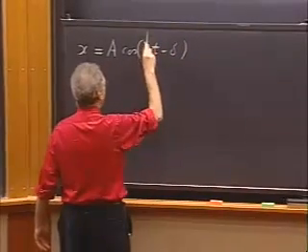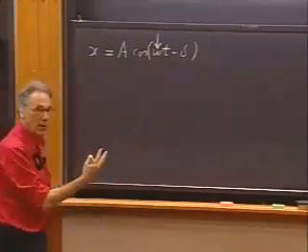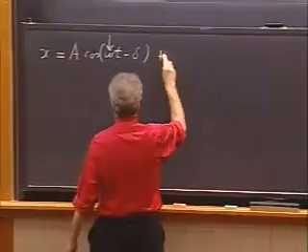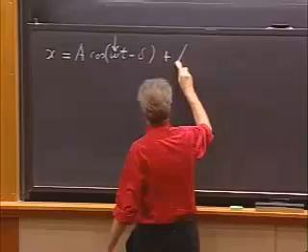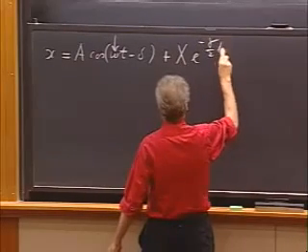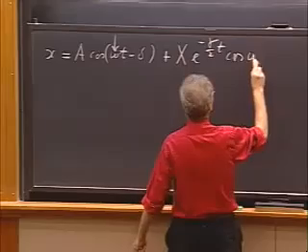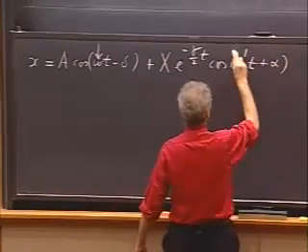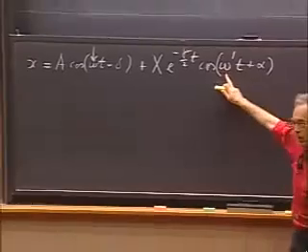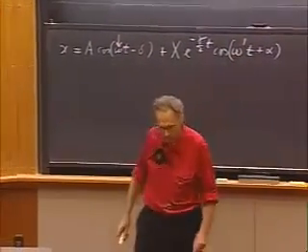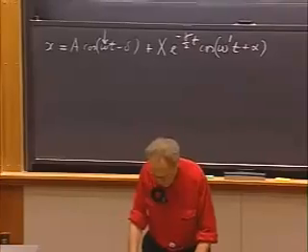This is my omega, Walter Lewin's omega, plus X e to the minus gamma over 2 times t times cosine omega prime t plus alpha. And this is the omega of the oscillator, and this is my omega. They are two different omegas.